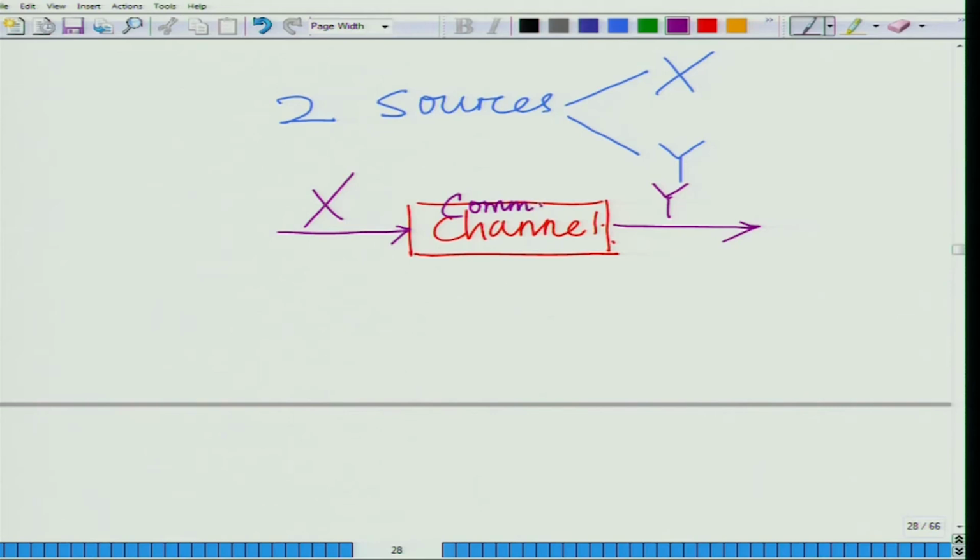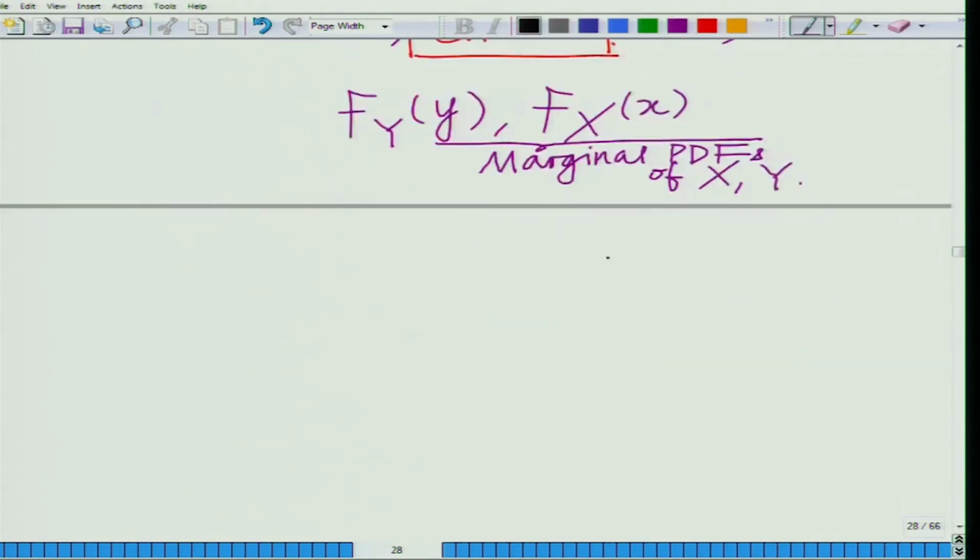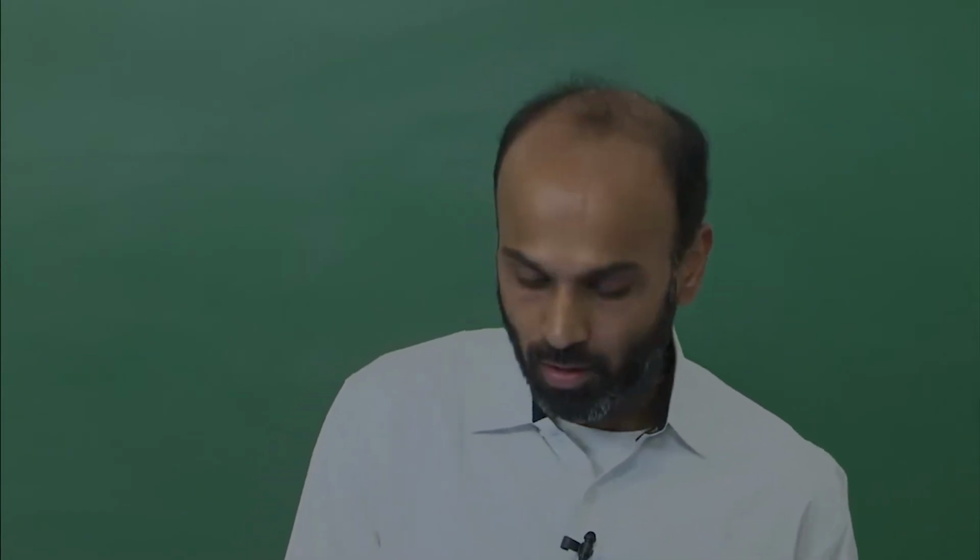So basically y is another source characterized by a probability density function. Now we have fx of x and fy of y. These are what are known as the marginal probability density functions of x and y. Also, similar to the joint probabilities, we have the joint probability density function of x and y.